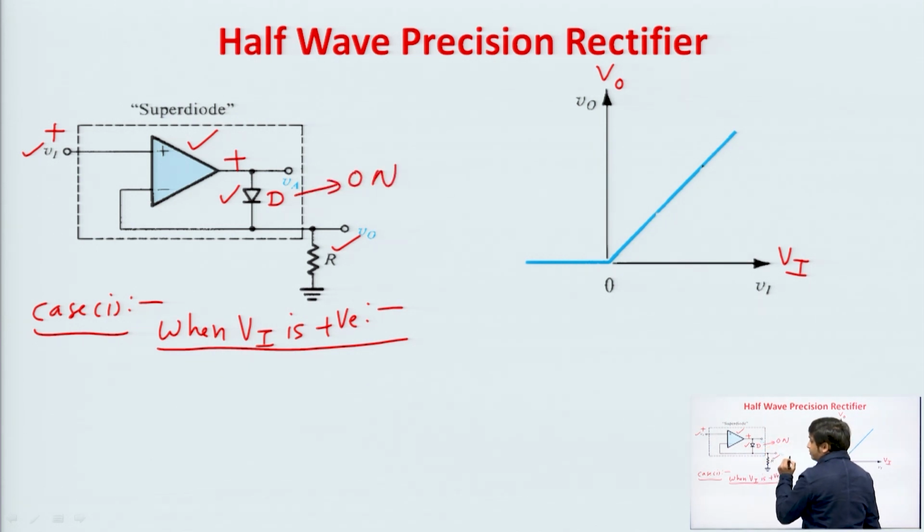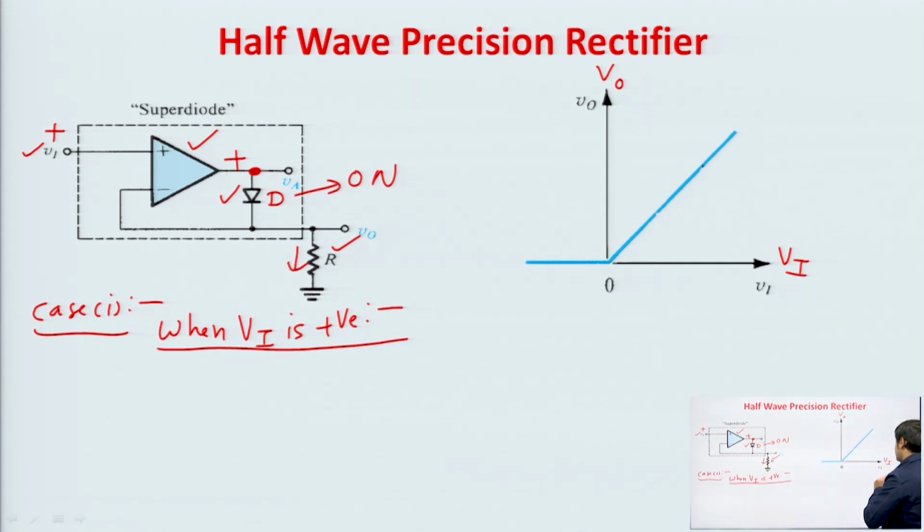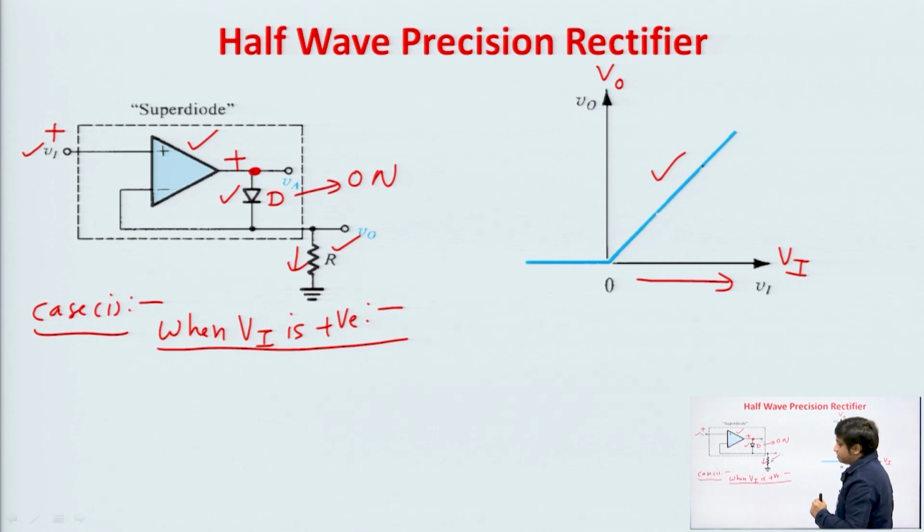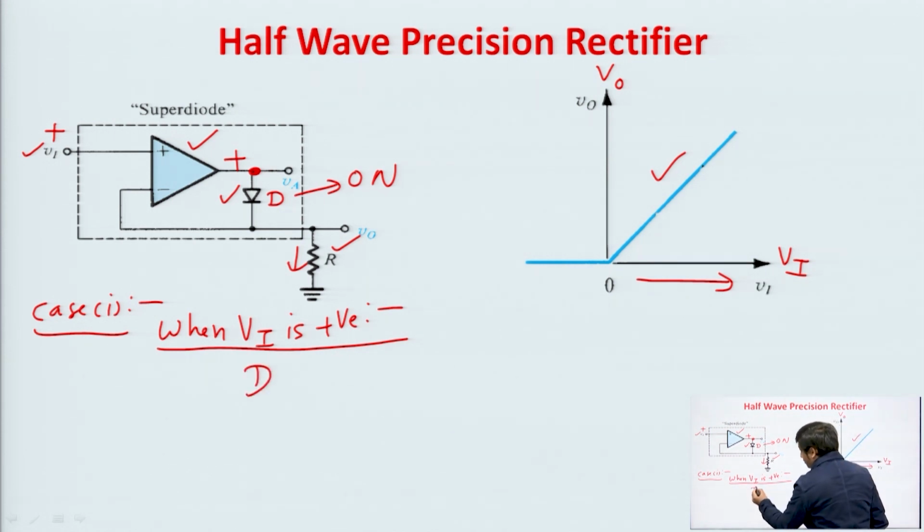If this diode D is on, it means that the output terminal will be connected to the negative input terminal. So, it will become like a voltage buffer, right. So, the current will flow through resistance R and we will get the output voltage. It means that for the positive input voltage, we will get the output voltage, right. So, for positive input, diode D is on.